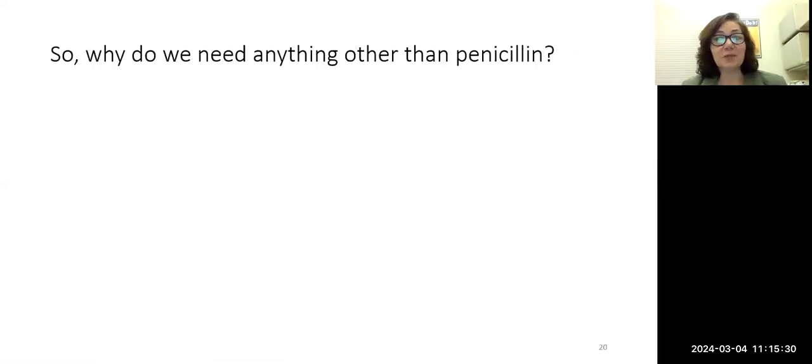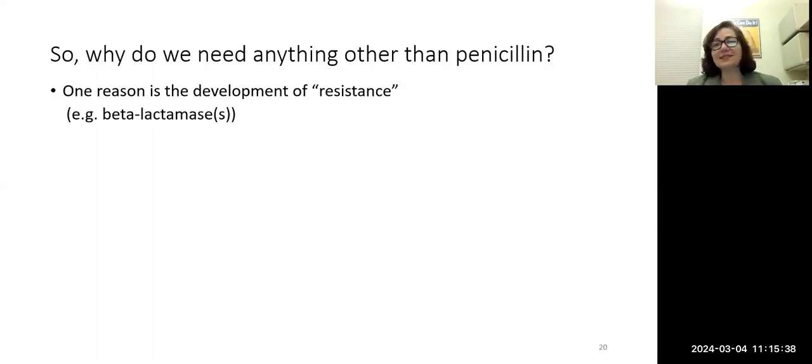So you know that there are many more antibiotics than just penicillin. So why would we ever need anything else? Well, it turns out that evolution happens and we get the development of resistance. In other words, this is what's referred to sometimes as an evolutionary arms race, where one species evolves one mechanism and then the species that it's fighting off against develops, through random mutation, some way that it beats this defense. And so one of the ways that some bacteria have evolved is something known as a beta-lactamase.